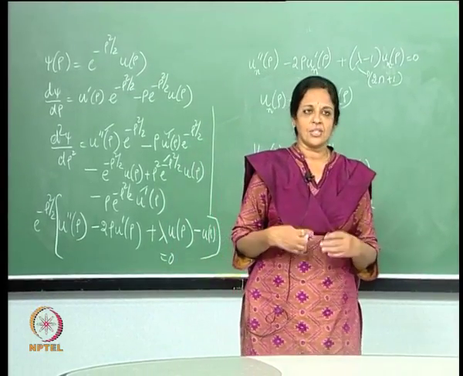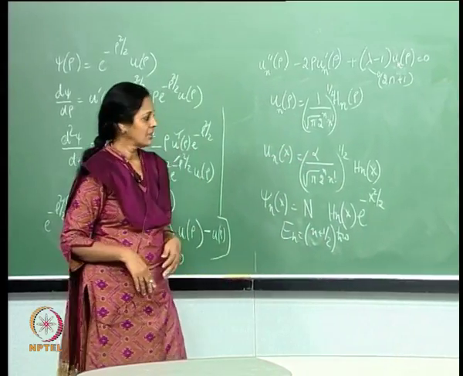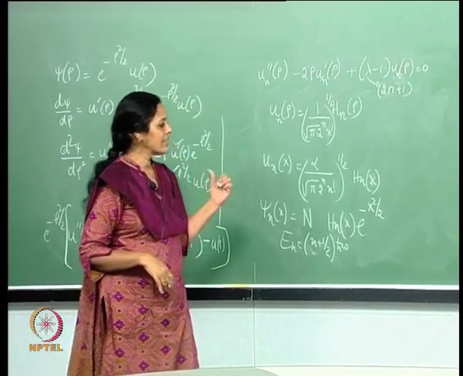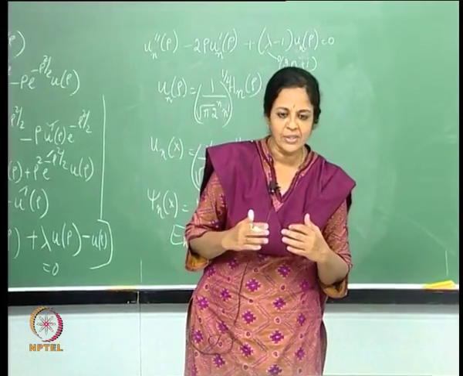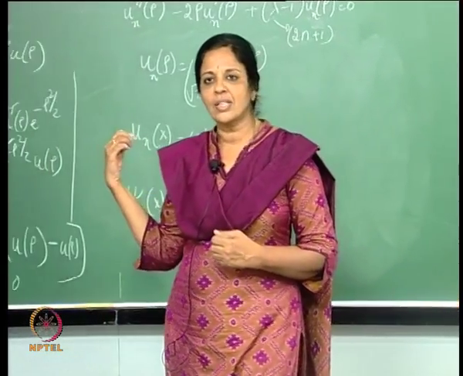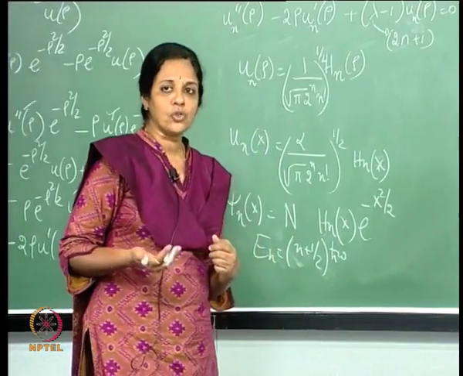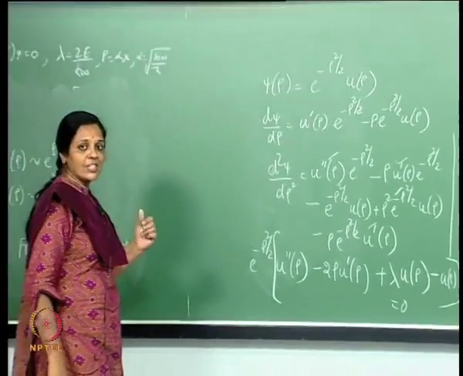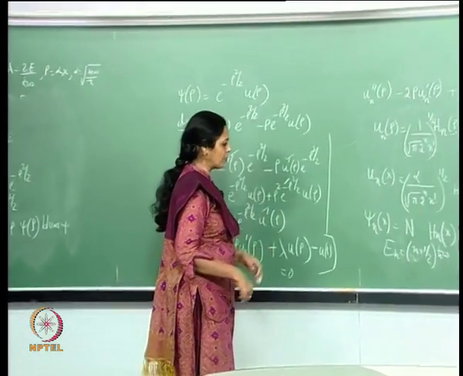Similarly, lambda did not have dimensions because lambda was 2E by h cross omega. So we will do that always, and that, as I said, connects up with the abstract operator method, because we wrote that in terms of a's and a daggers, which were dimensionless objects. In fact, I had explicitly illustrated that a on ket 0 equal to 0 really turned out to be the differential equation with lambda set equal to 1 in the case of the position representation.